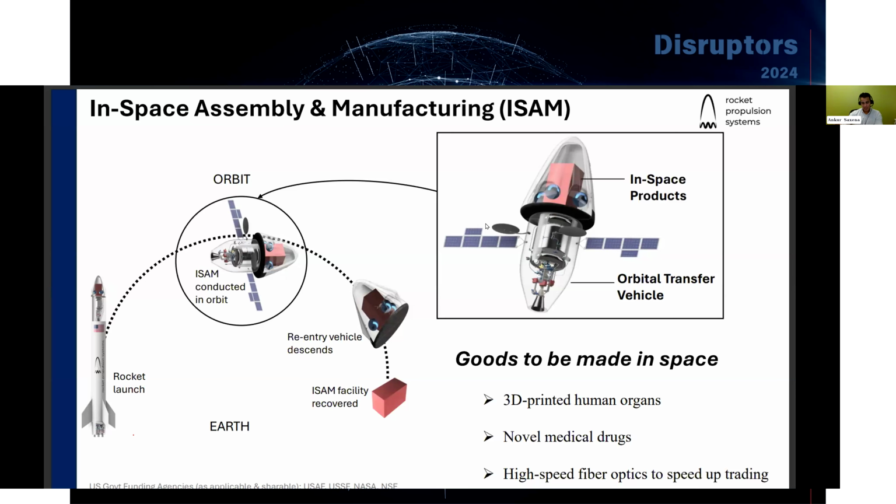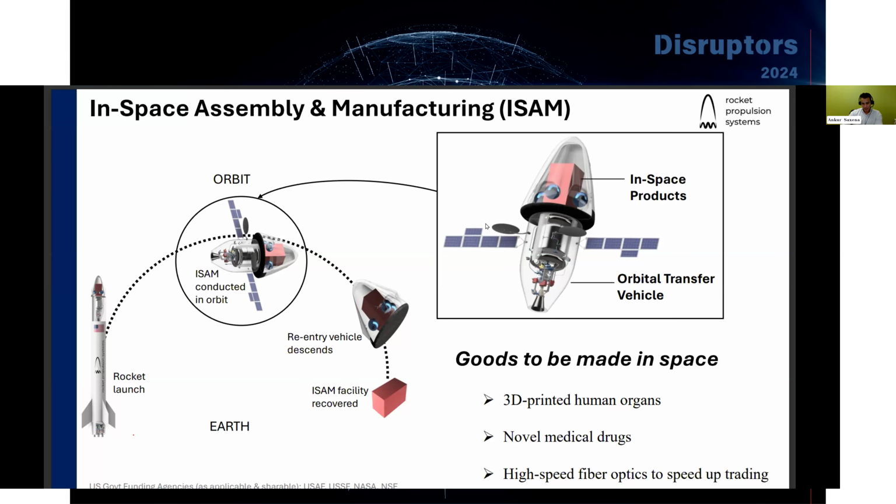They were building habitats in LEO to be able to perform in-space manufacturing. Our OTV would be able to transport the payload to their habitat. The payload would enter their habitat. They would perform the ISAM, the ISEM, the final products would then be put back on our OTV, and our reentry capsule would be able to bring those products back down to Earth and return to the customer.